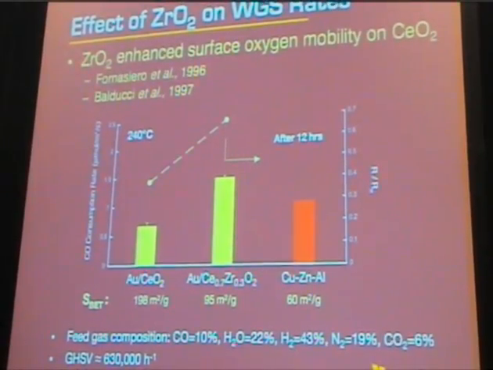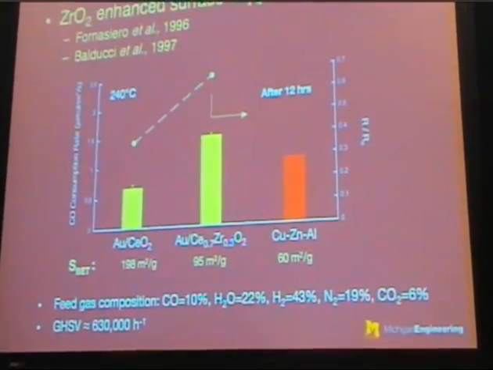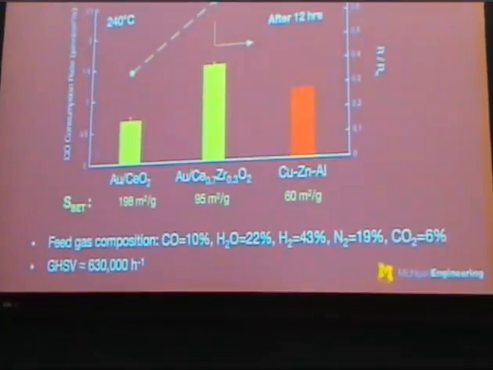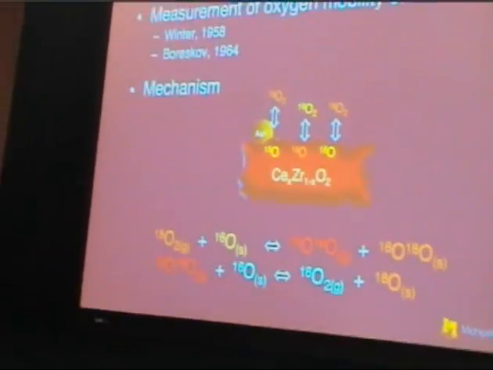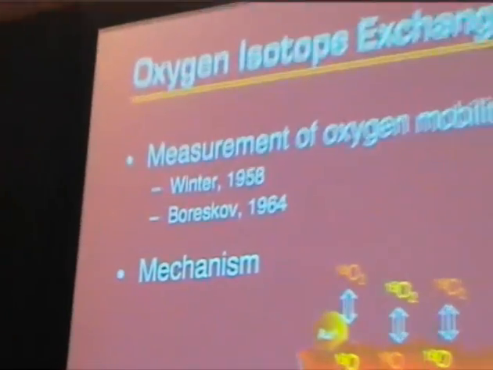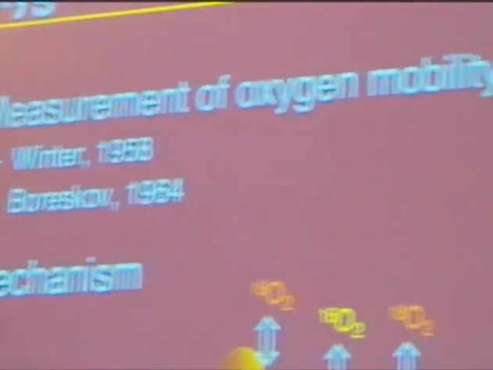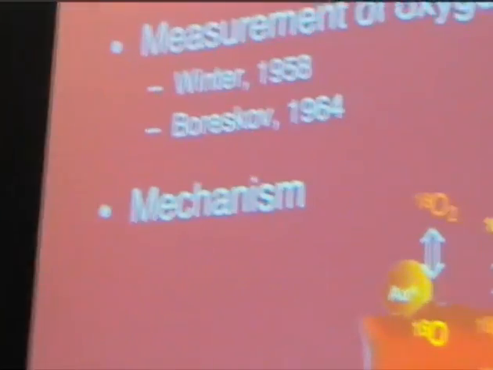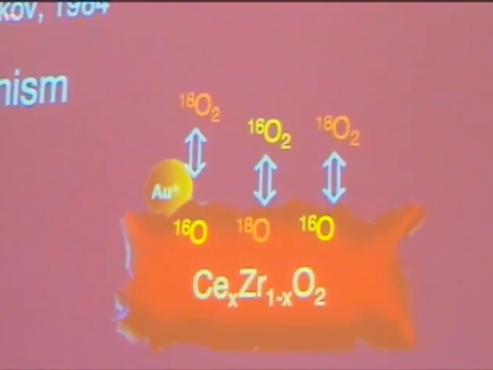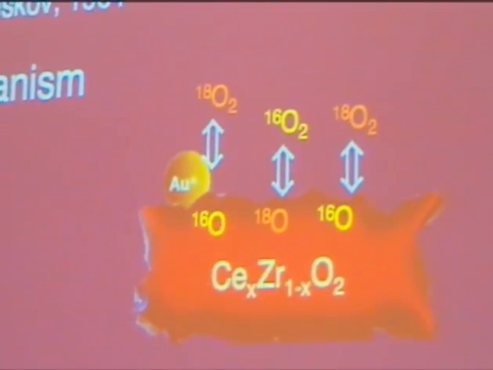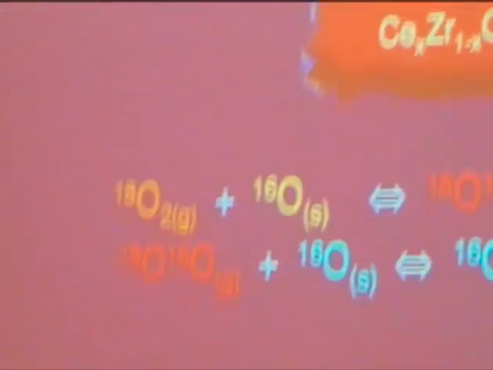So having these results, we tried to characterize these materials using different methods. And one of the best methods to illustrate the difference in mobility between the two materials is the oxygen isotope exchange experiment. Actually, this measurement was first introduced by Winter and Boreskov in the late 50s and early 60s.